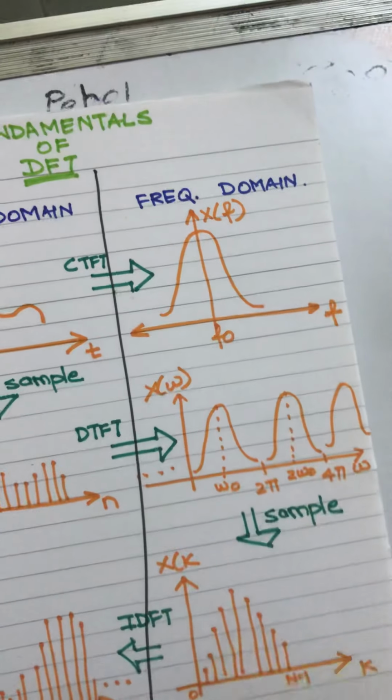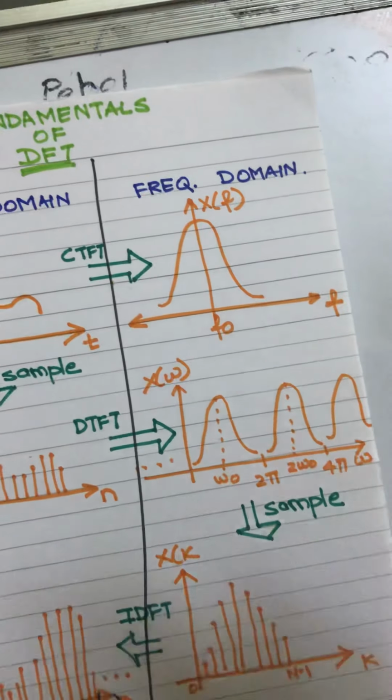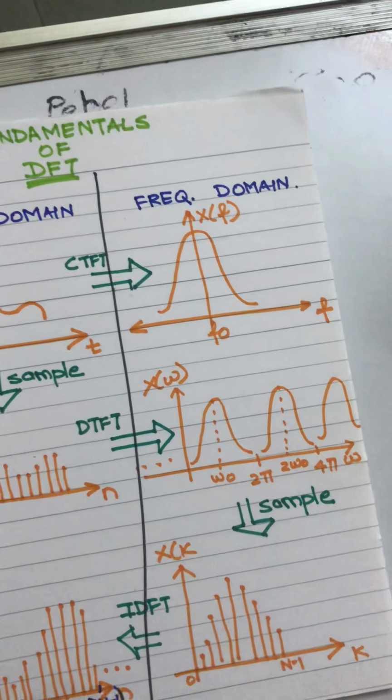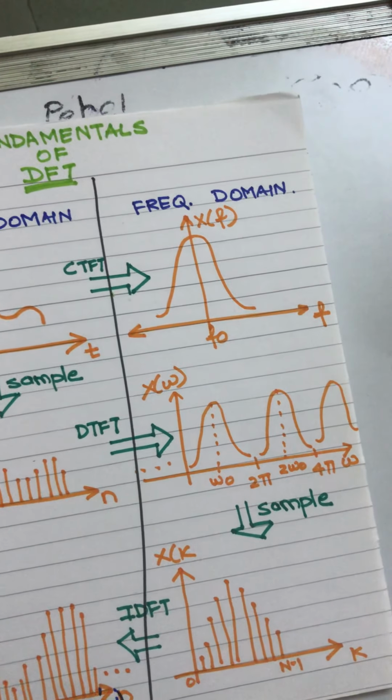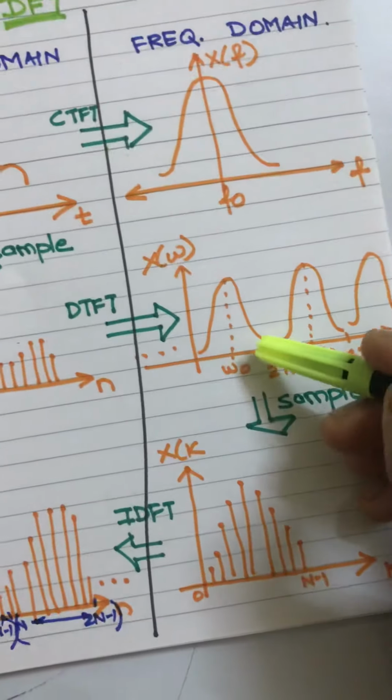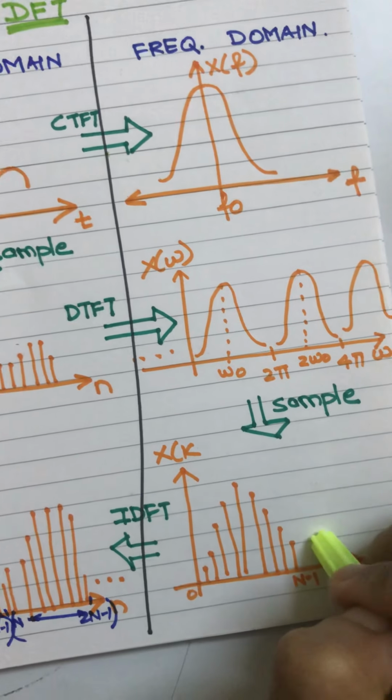So we just need to discretize everything. We can convert an analog signal to a digital signal, then process it, and then if need be, reconvert it into an analog signal. So what we do is sample.